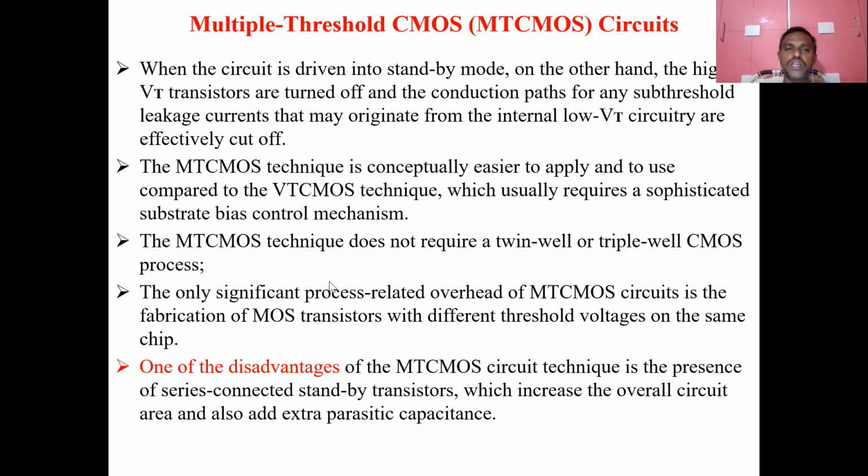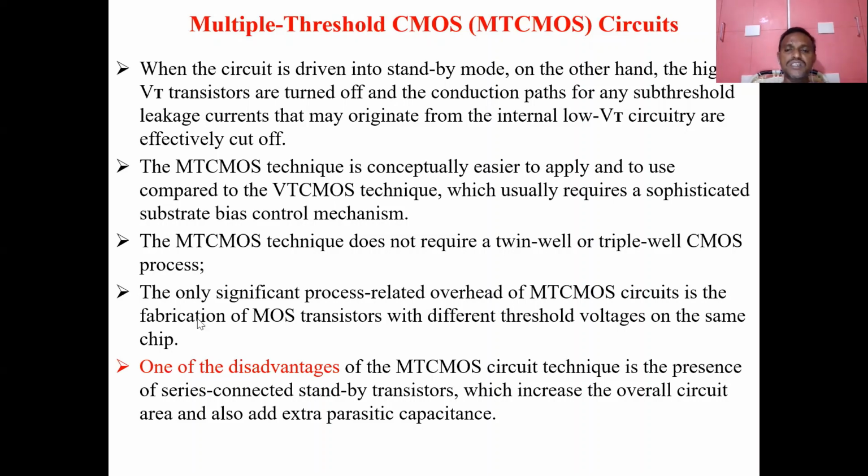But here the only significant problem we can identify in MT CMOS is that we have to fabricate two different transistors with different threshold voltages, that is lower threshold voltage transistors and higher threshold voltage transistors. That is the only problem we have in these multiple threshold CMOS circuits. Okay, so this is about the multiple threshold CMOS circuits.